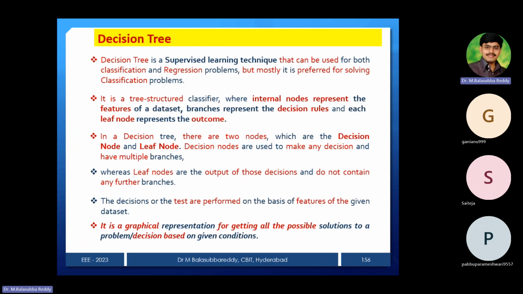Suppose you want to decide whether to play tennis, go to the gym, play cricket, or go for a movie. For that, what is the decision? In that case, we have to divide based on the features. We have to consider those conditions and decide whether we are going to the gym or not.